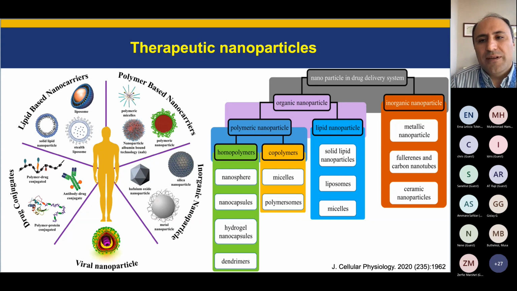We can also categorize the nanoparticles used in medicine, or specifically in cancer therapy or imaging, into organic and inorganic nanoparticles. My talk today will be in the field of metallic nanoparticles, including oxide nanoparticles like iron oxide, and also plasmonic nanoparticles like gold, as the example I have today.